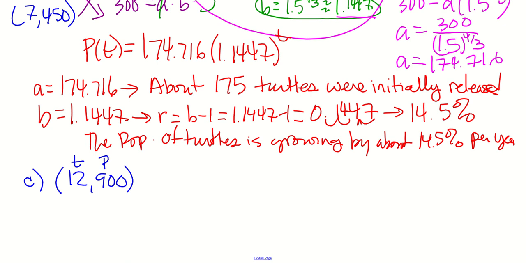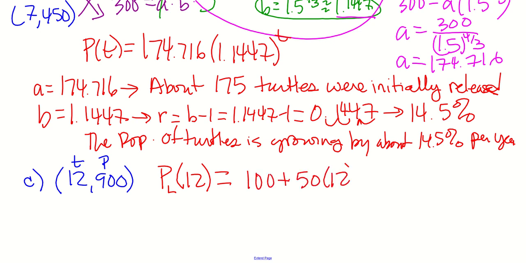So if I go to my linear model, my population based on my linear model at 12 should be 100 plus 50 times 12, which is 700.